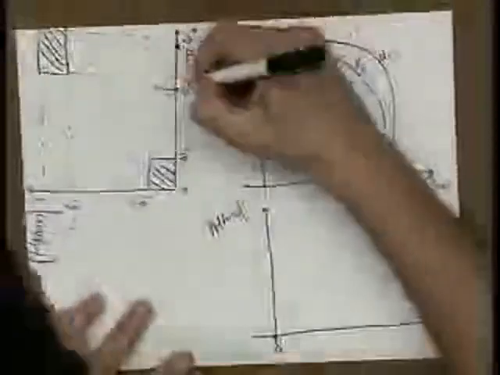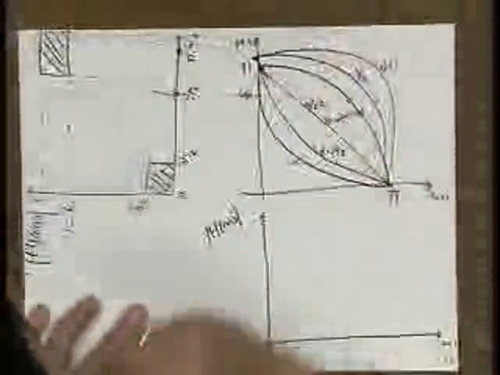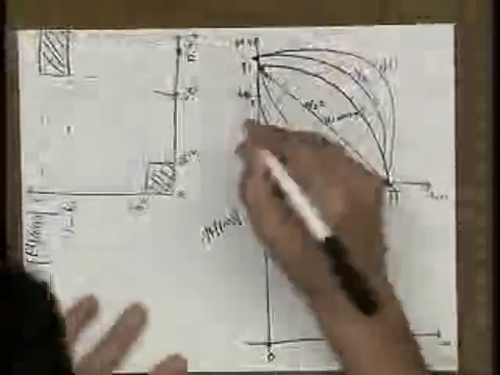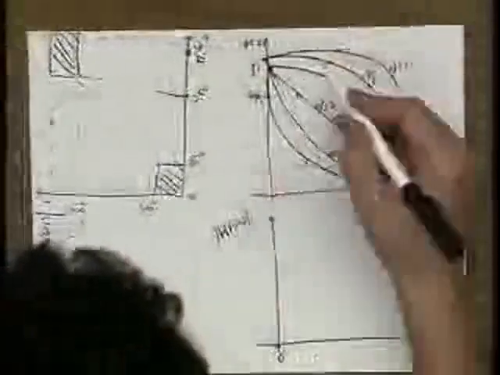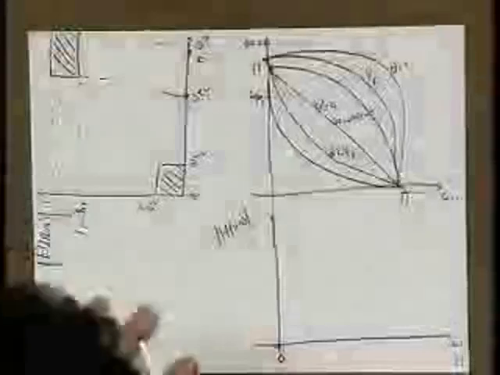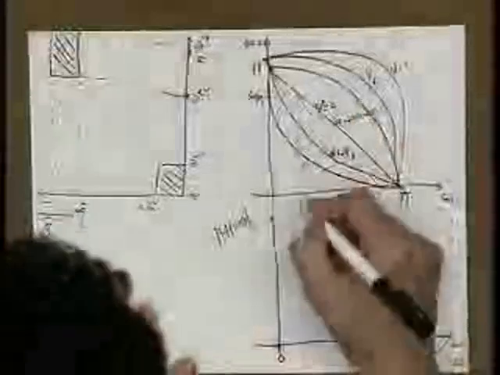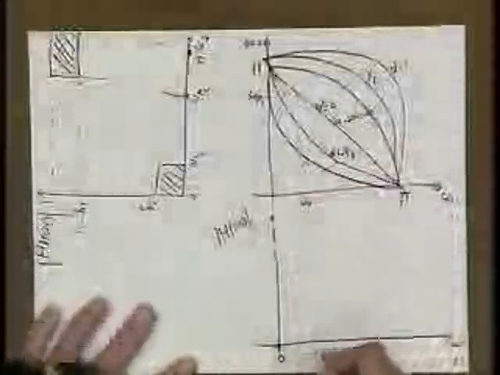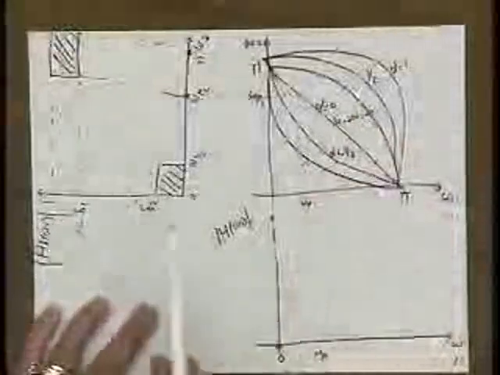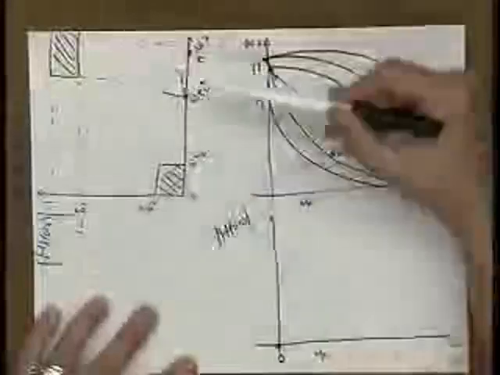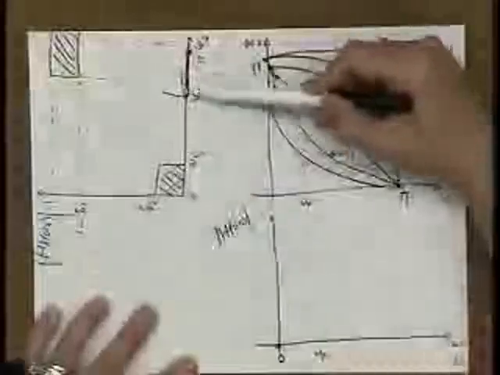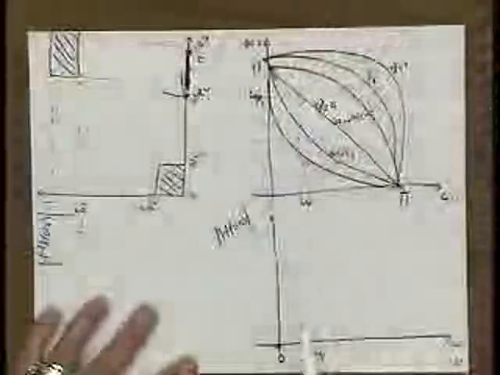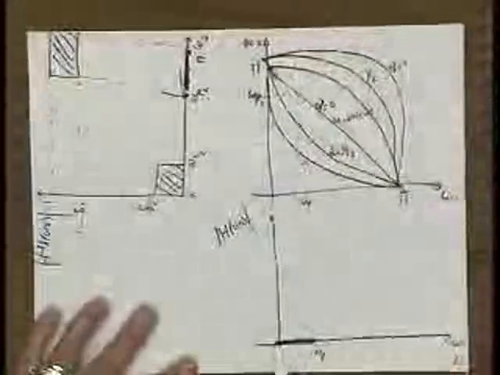Let me call this omega p2, and let me call this omega s2. So omega p2 hits this thing, and I go all the way to the curve, and out comes omega p1, and all the way down, omega p1. So this range here gets mapped into this range here.